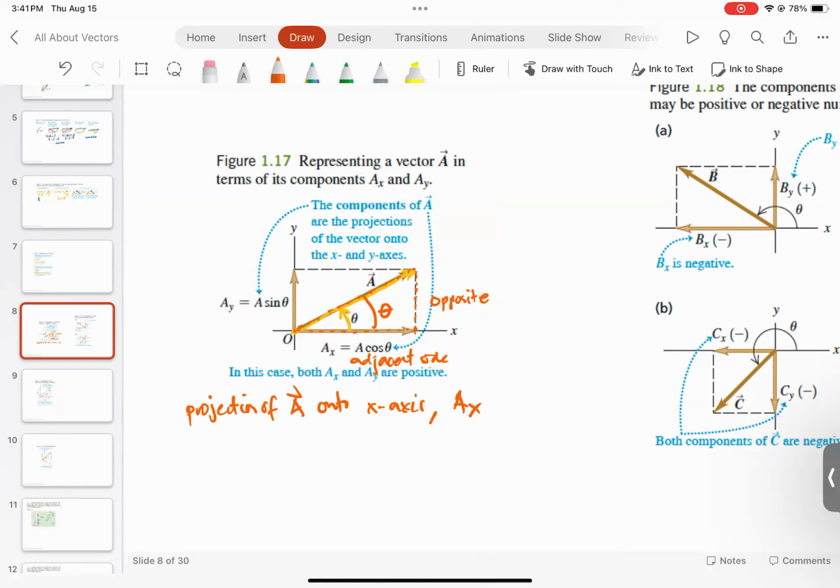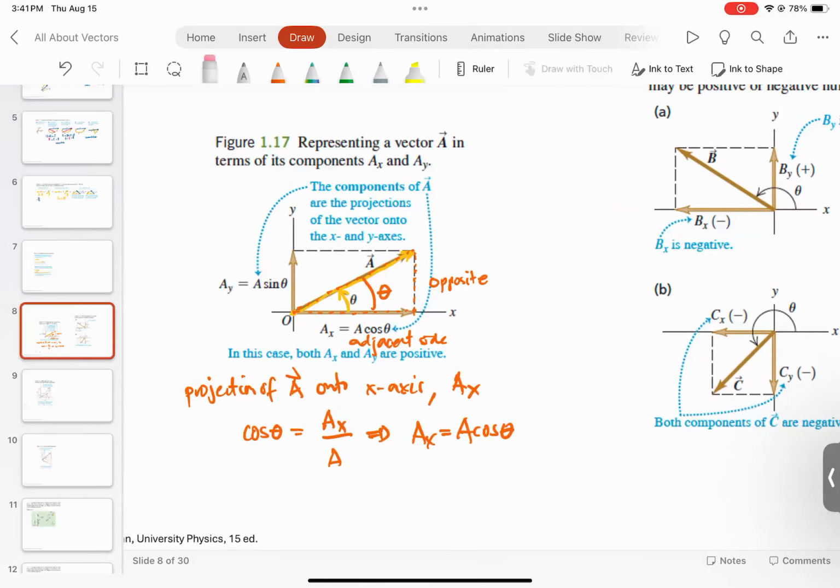Okay, and so yung A sub x ngayon ay yung length ng adjacent side. And alam natin from trigonometry na cosine theta is equal to adjacent over hypotenuse. Okay, so A here is just the magnitude of the vector. So which means na A sub x is equal to A cosine theta.